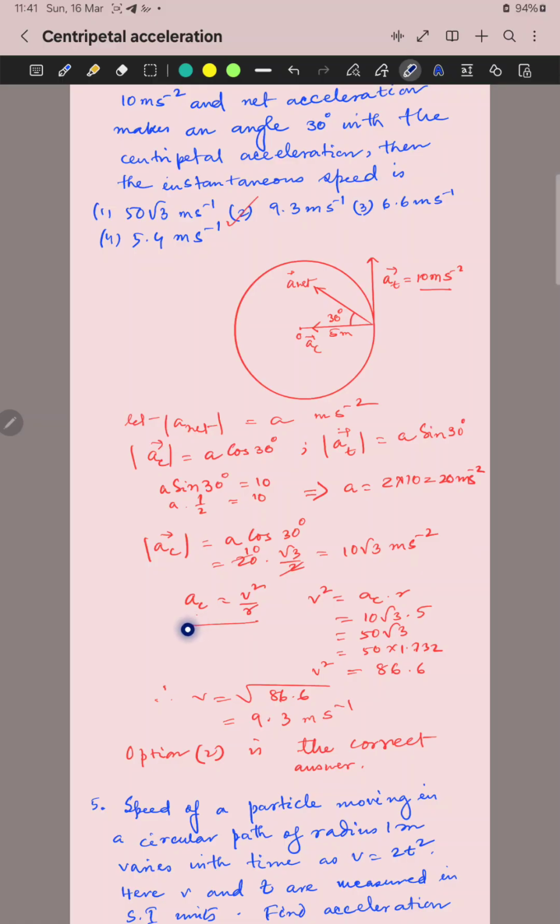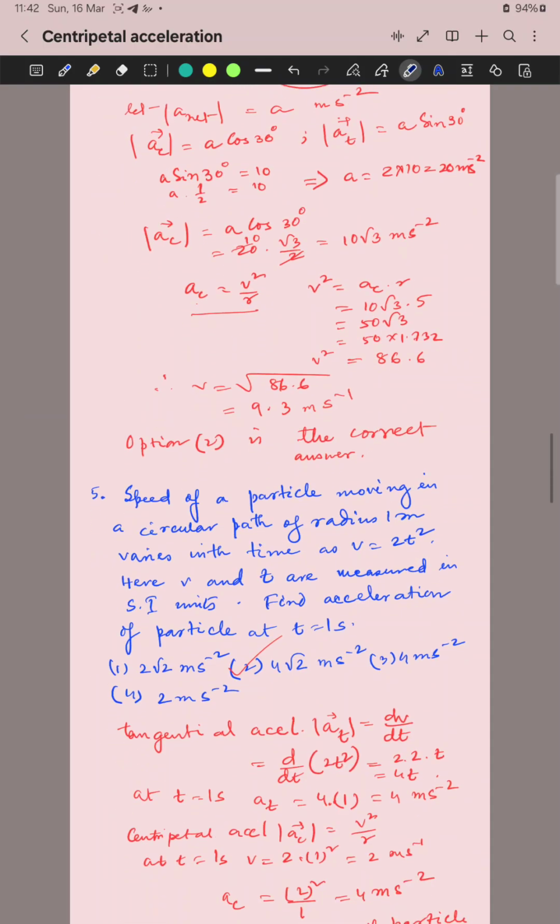So, from the centripetal acceleration equation, that is a_c equals v square by R, we can calculate v square. Substituting the values of a_c and R, we get v square to be 86.6. And then square rooting 86.6, it comes approximately equal to 9.3 meter per second. So option 2 is the correct answer.